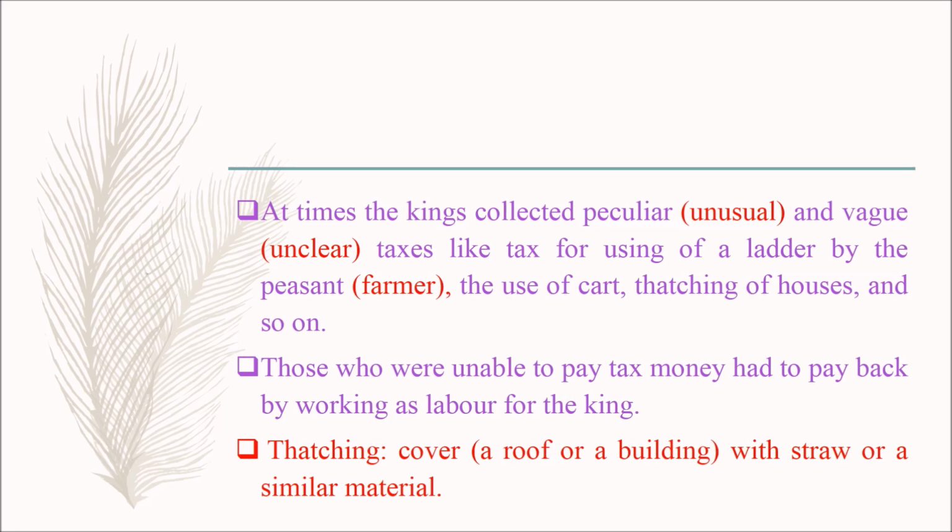So what is meant by thatching? Which means cover a roof or a building with straw or a similar material, and so on. Then those who are unable to pay tax money had to pay back by working as labor for the king.